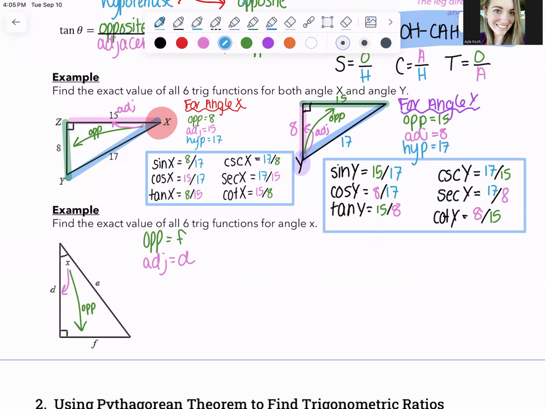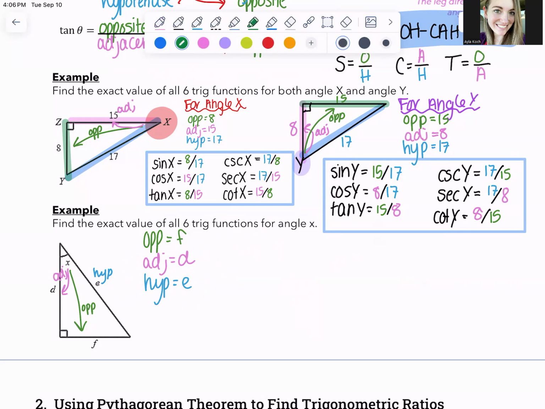And then the hypotenuse is always the side across the triangle from the right angle. Hypotenuse is E.